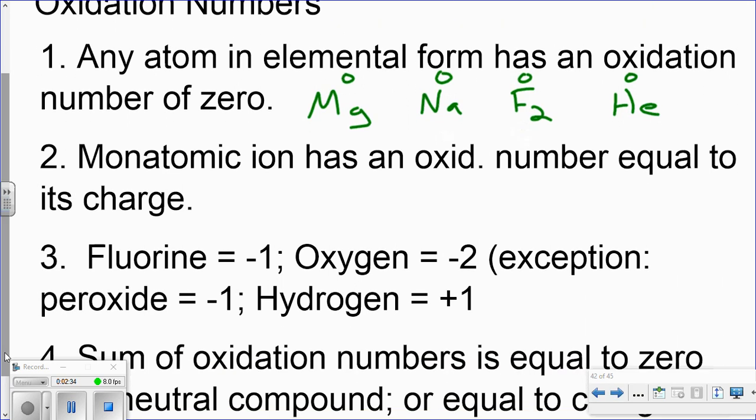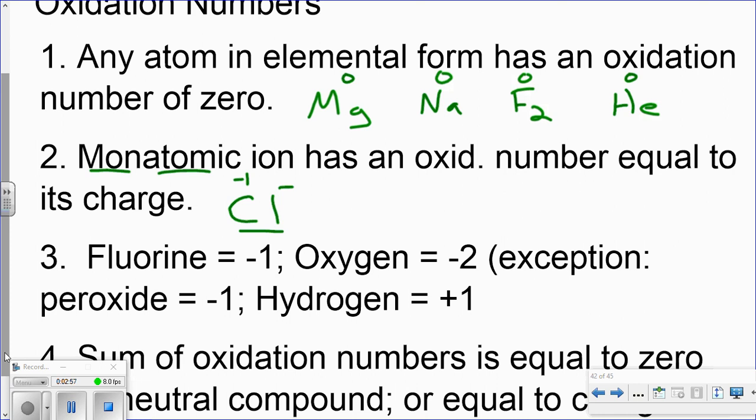Rule number 2 says monatomic ions have oxidation numbers that are equal to their charges. So let's take chlorine. That has an oxidation number of 0, but when it becomes chloride, it has an oxidation number of -1, okay? Just like its charge. So this is monatomic, single atomed, okay?